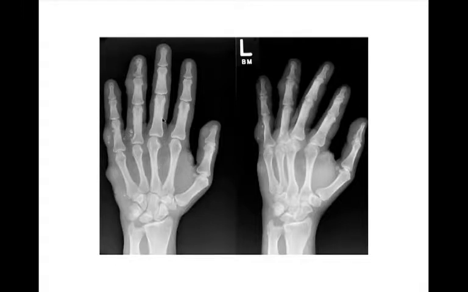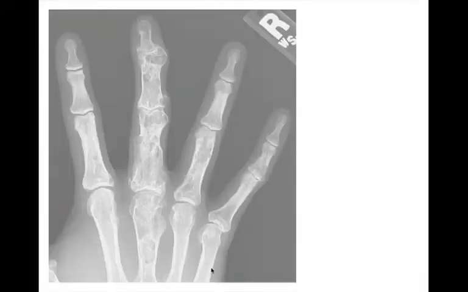Now, their hands are relatively spared, at least on this side, from any enchondromas. This is again multiple enchondromas. We saw this case earlier. There are no soft tissue hemangiomas in this case. I don't think this was a hemangioma right here, that little calcification, but multiple enchondromas in this patient.